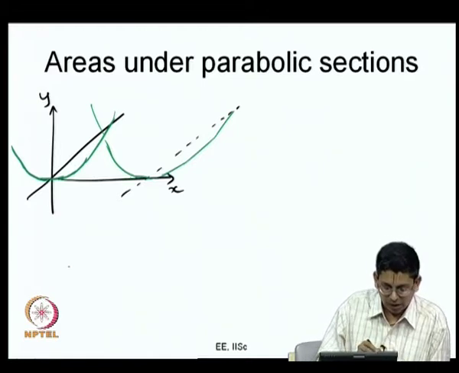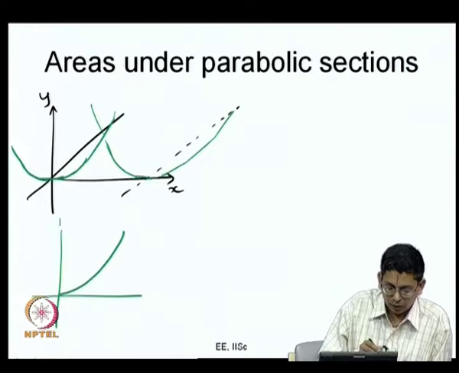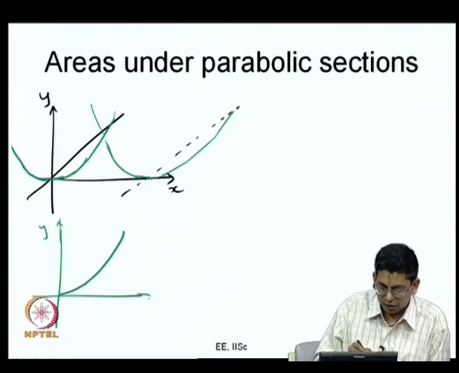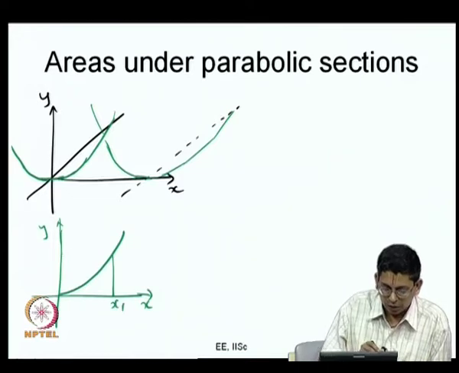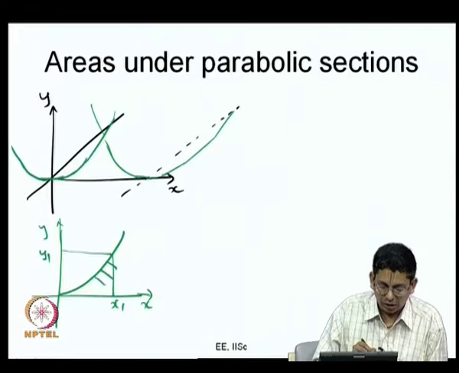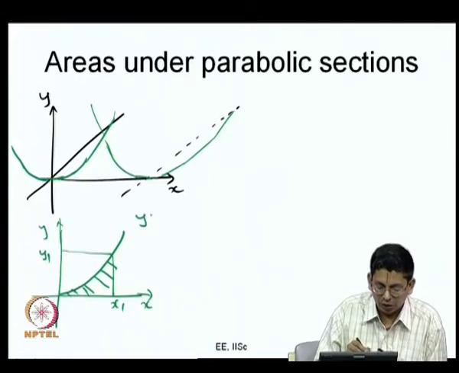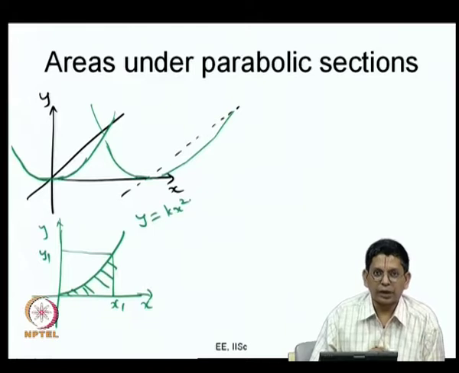So, now let us say I have a parabola like this, this is y and this is x, and this is some value x1, this is the corresponding value y1, and I want the area under this parabola. This parabola is of the form y is equal to x squared, or kx squared, or ax squared.